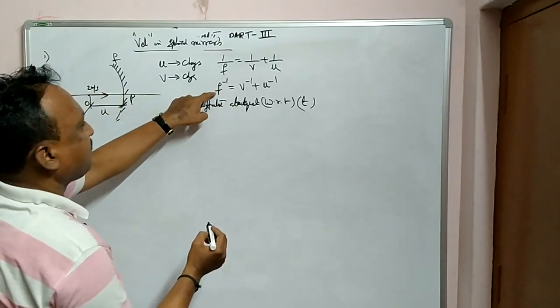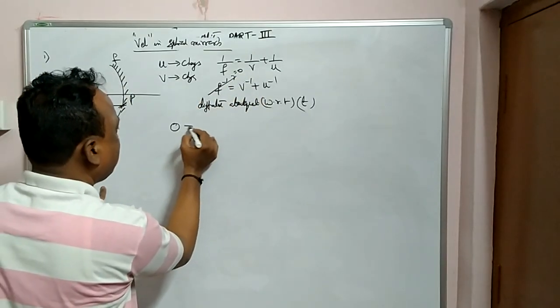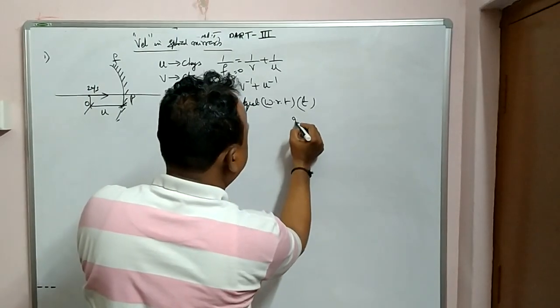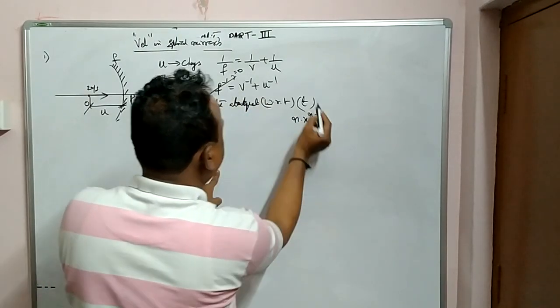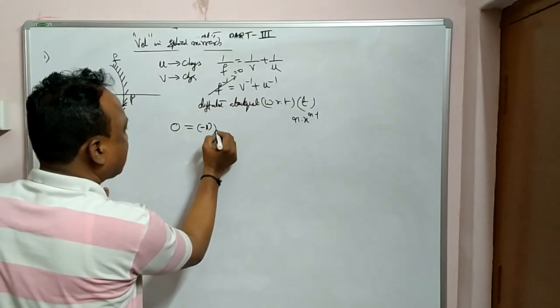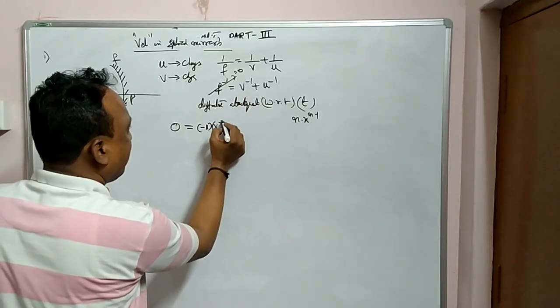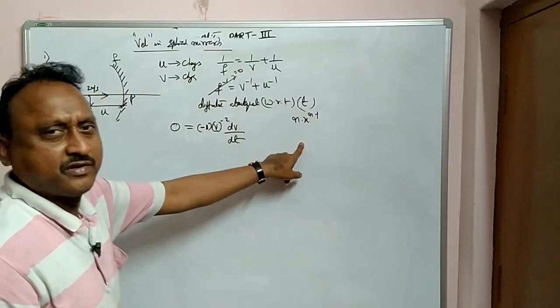So this is constant focal length కాబట్టి 0. Focal length 0. Try to derivate this one, n into x power n minus 1. Okay? And with respect to time. So n into x power n minus 1 into dv by dt. Because with respect to time we have to derivate.